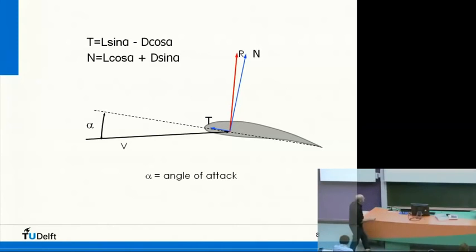You see there's a T. T is defined positive in this way, just as drag is positive in this way. So T is negative here. So on the nose, more or less, there's a sort of suction force on this airfoil.